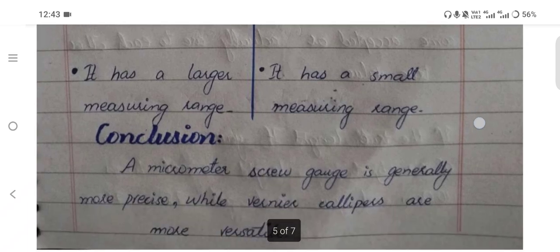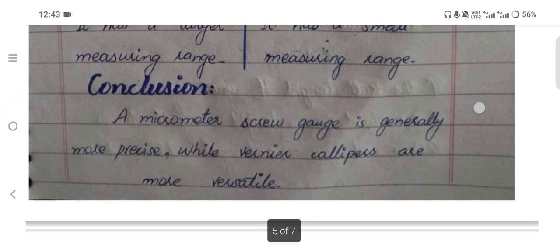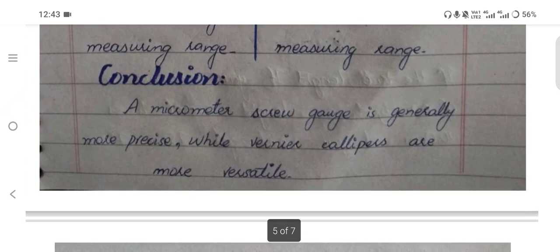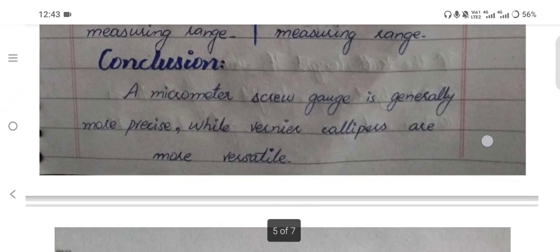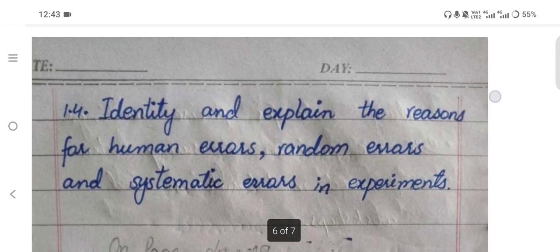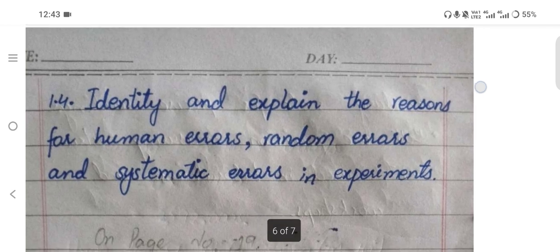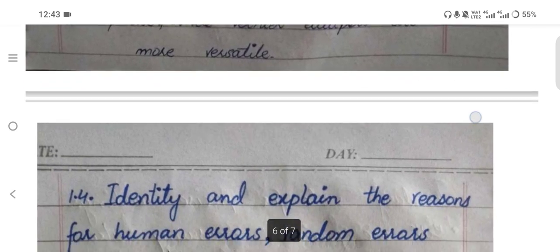The vernier caliper has a larger measuring range and the screw gauge has a smaller measuring range. In conclusion, a micrometer screw gauge is generally more precise, while the vernier caliper is more versatile. That is one point to understand both the differences and the similarities between the vernier caliper and the micrometer screw gauge.